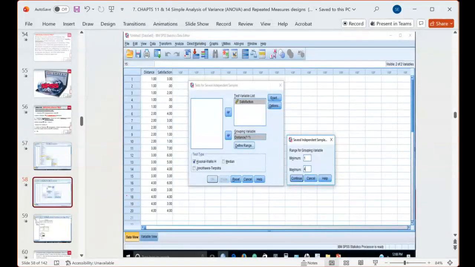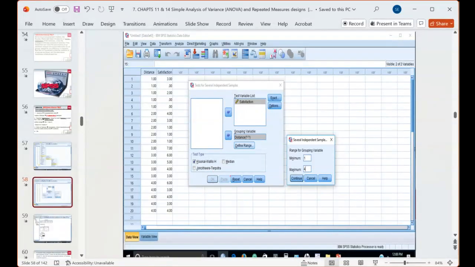Same thing we did, you move your dependent variable, satisfaction, to the top, and the independent variable to the bottom. Then you click where there are two question marks, and another window opens. It says minimum, maximum. That's the number of your groups or treatments. Maximum, you have 4 treatments, 4 groups, and the minimum is just 1 group.